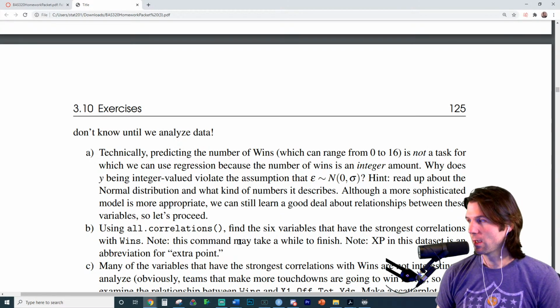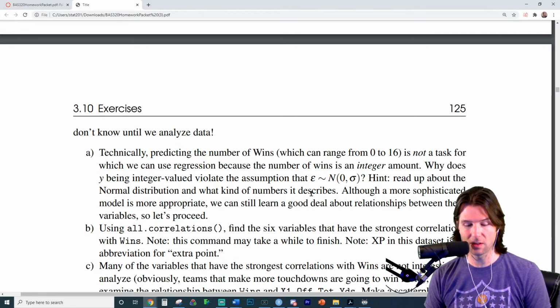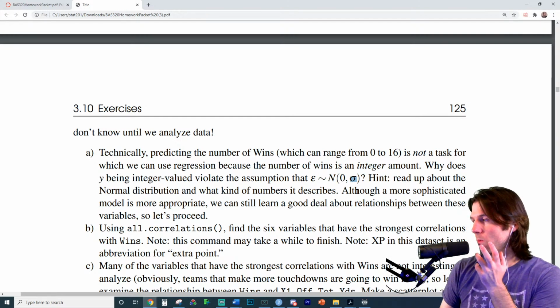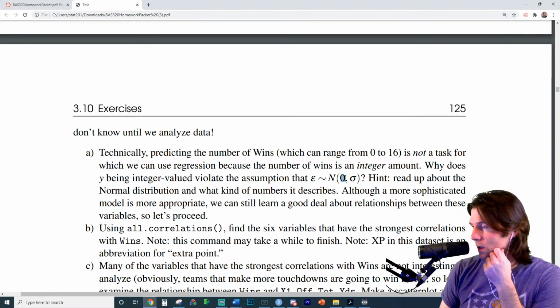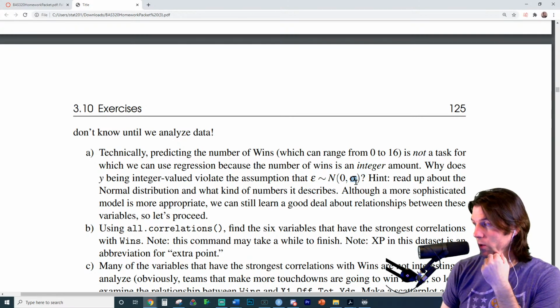So with this, why does Y being integer value violate the assumption of the disturbances being well described by a normal distribution with a mean of 0 and a standard deviation that is constant? The issue here is not with the 0, because that's the linear assumption. The issue is not with the standard deviation sigma, because that's the heteroscedasticity, no plot thickening, constant spread, one value for the spread.